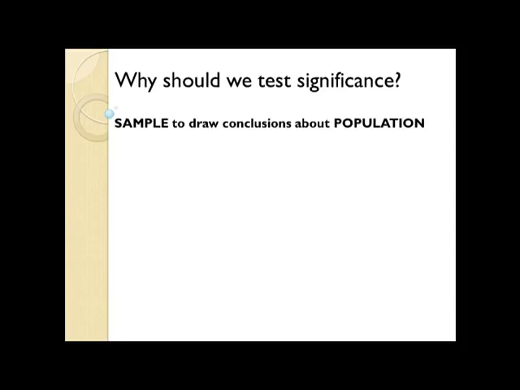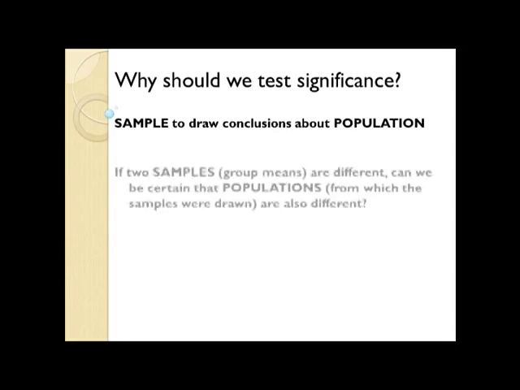The results of this sample can be used to draw conclusions about the population. This is the essence of significance testing. Why do we need to test whether the sample results really match the population results? Unless we do this, we do not know whether what we have done is right or wrong.